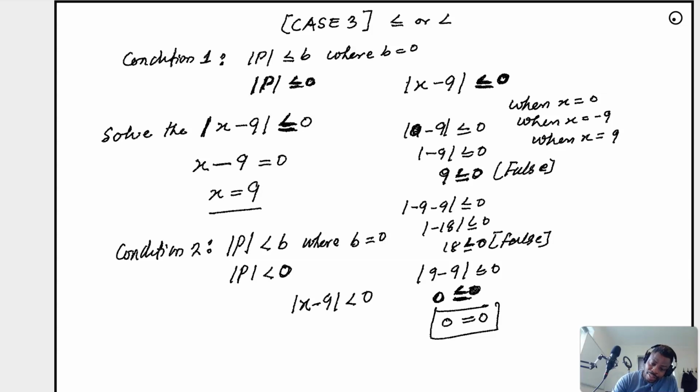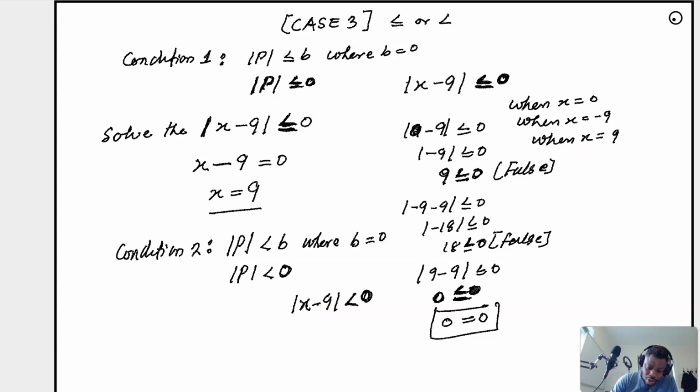If I put when x is 0, that is minus 9 modulus, which is 9. 9 is not less than 0, so that is false. If I put minus 9 minus 9, that is minus 18. The modulus of minus 18 is 18. 18 is not less than 0. That is false. If I put when x is 9, 9 minus 9, 0. The modulus of 0 is 0.